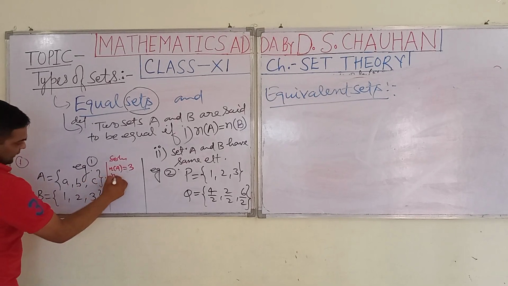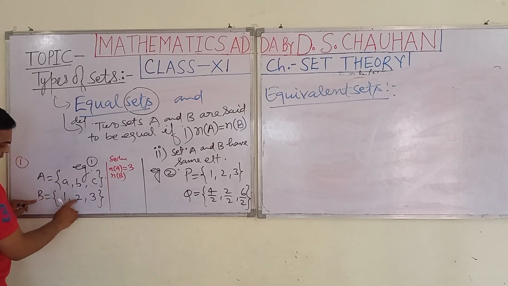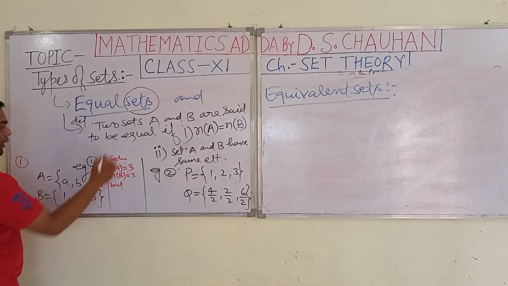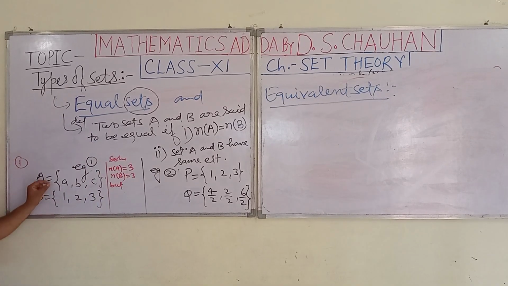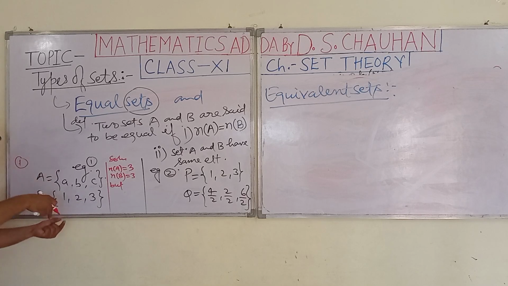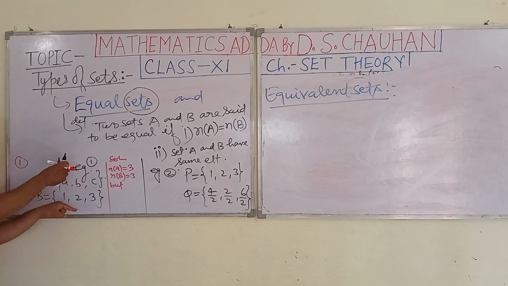Students, if you see the first example, here you are looking that both sets have the same cardinal number. This n of A, how much is it? 3: 1, 2, 3, while this is n of B, what is it? 1, 2, 3.